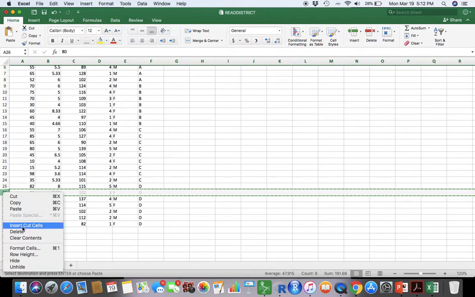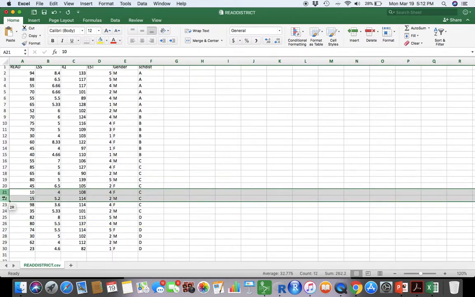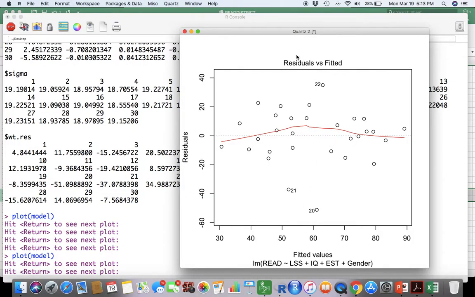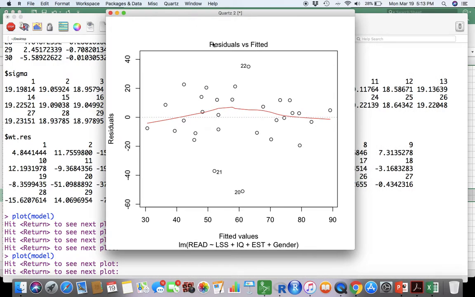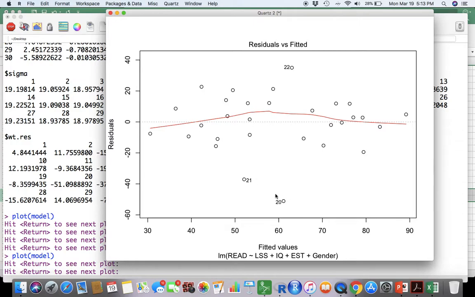When I go to 20 and 21, these guys right here, one's a female, one's a male, from school district C. I may want to rerun my model with those two deleted and report the results, and let the person who's reading the results make up their mind on how influential those two cases are right there.